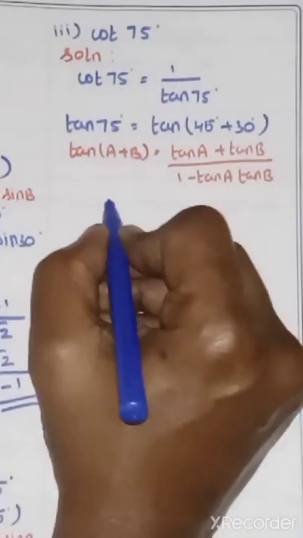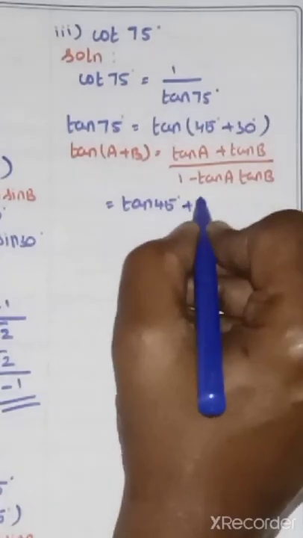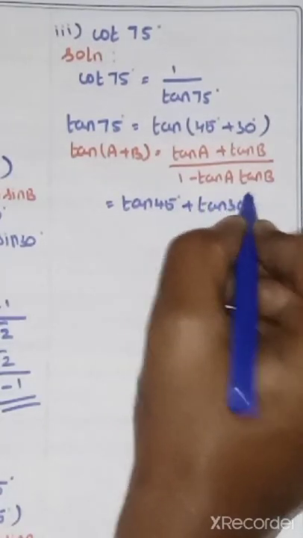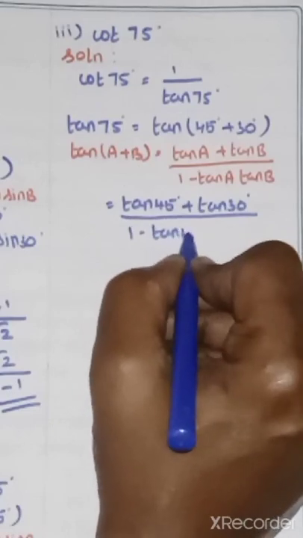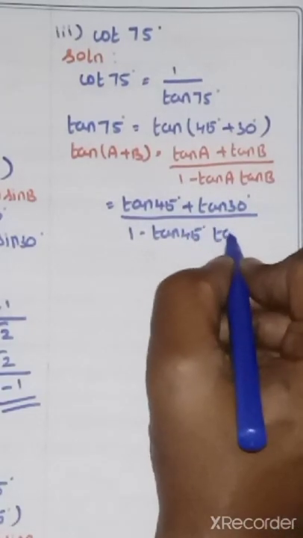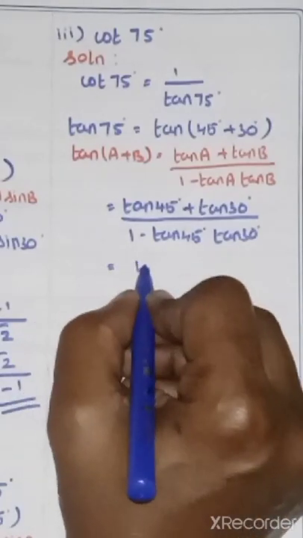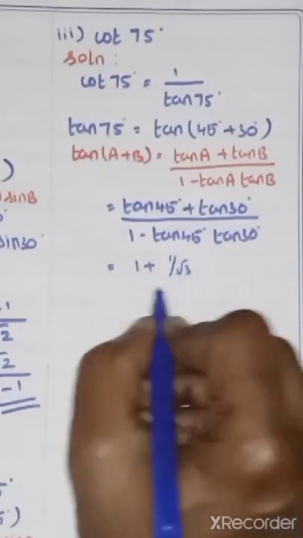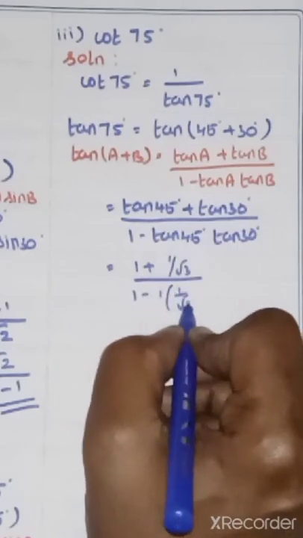So we can write this as tan 45 plus tan 30 divided by 1 minus tan 45 degree tan 30 degree. Substitute the values: 1 plus 1 by root 3 by 1 minus 1 into 1 by root 3.